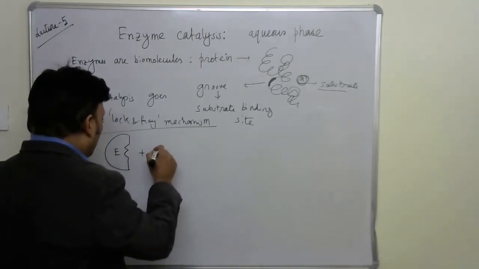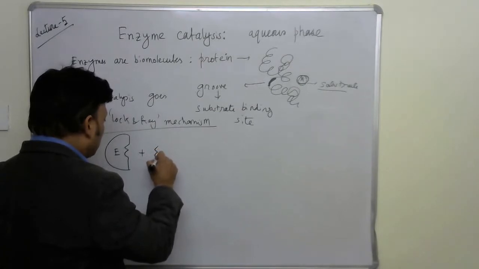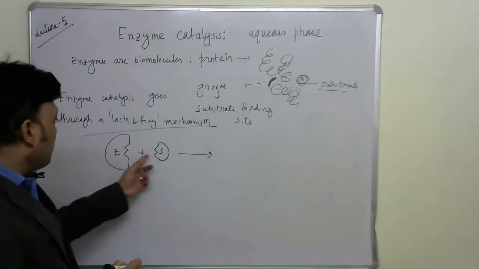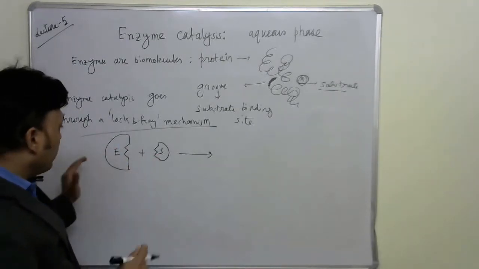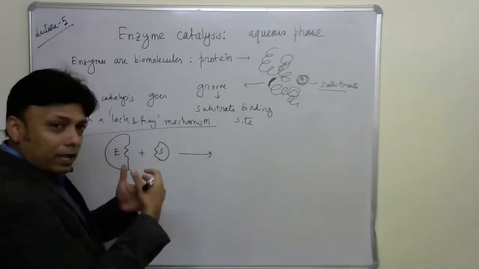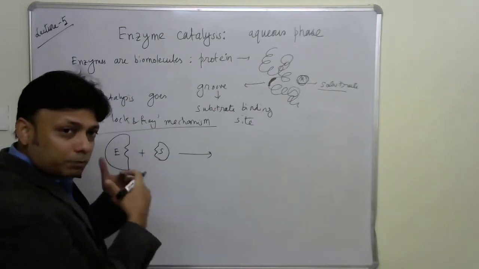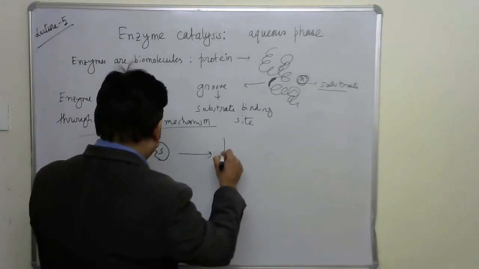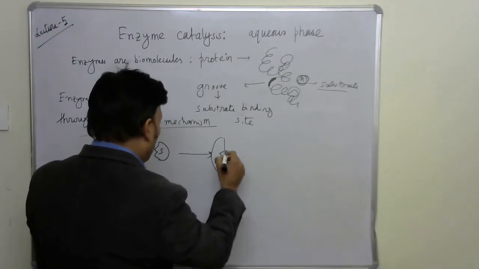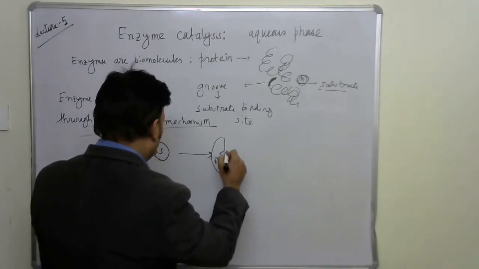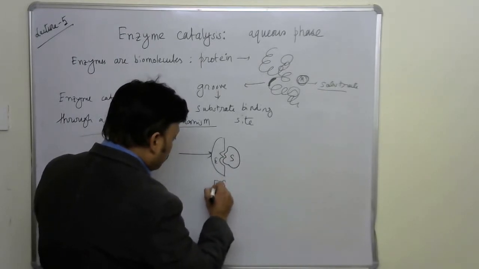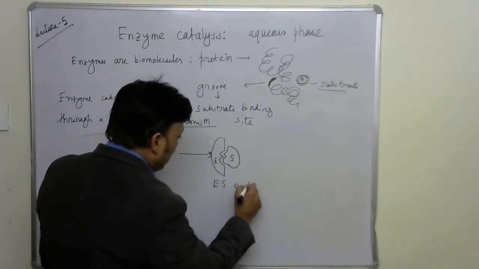And then I'm drawing the substrate. The substrate looks something like this. You see we have a particular match with this groove. Whenever a correct substrate comes to bind on the enzyme, the groove has to be a 100% perfect match. And then we have something like this when the enzyme binds with the substrate, and we call this an enzyme substrate complex, or in short ES.